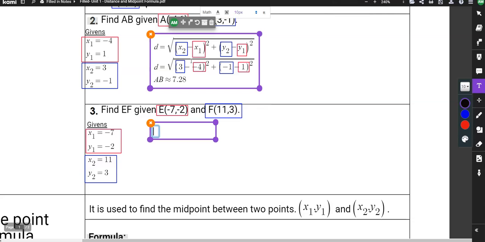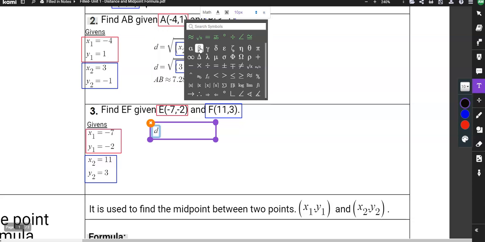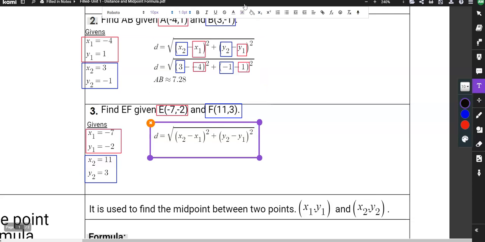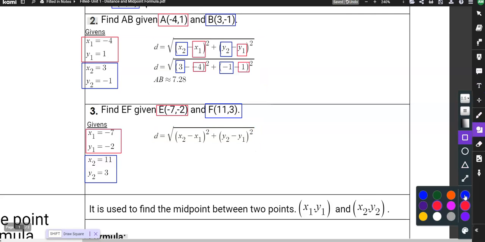Again, in our formula tool, distance is equal to the square root of open parentheses, x2 minus x1 quantity squared, and then add y2 minus y1. And again, we're going to square that as well. So that's our list. Let's go ahead and again do our color coding. So I've got x2, y2, x1, y1.